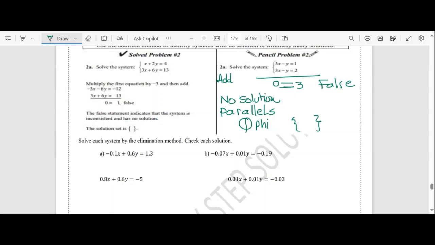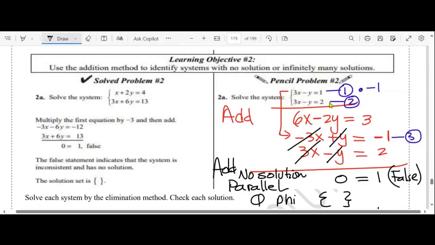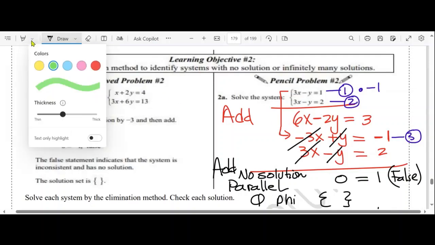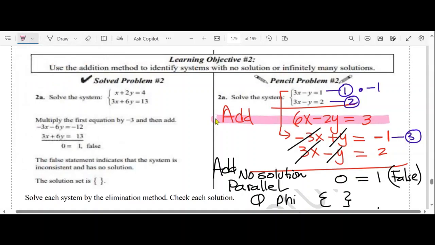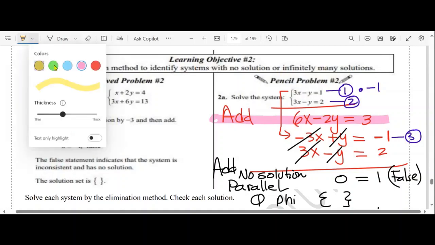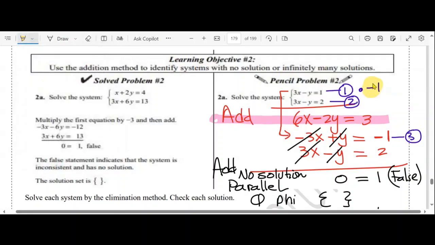Yeah, right. Okay, we have a mistake here. So let me stop recording the file. Okay, so this one, we have two equations. If we add the two equations, it will not help you. So we have to multiply the first equation by what? -1.